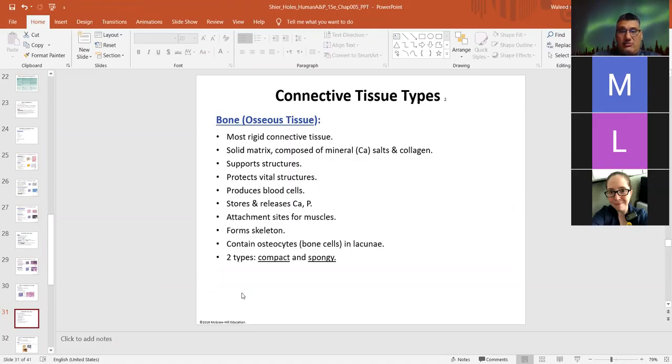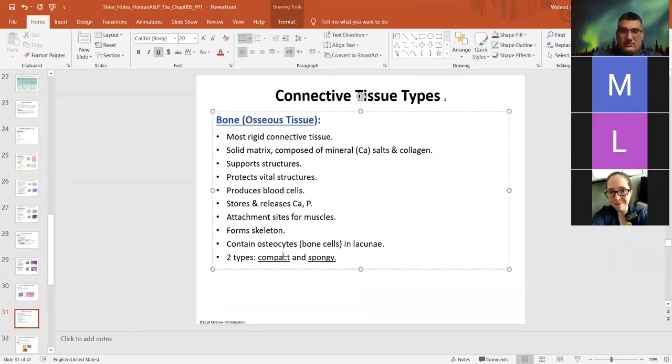The other thing is the bone, which is the osseous tissue. Osseous means bone. It can be compact, and compact means tough and flat, like the outside of any type of big bone. The outside of the bone that is flat and tough is called compact bone.